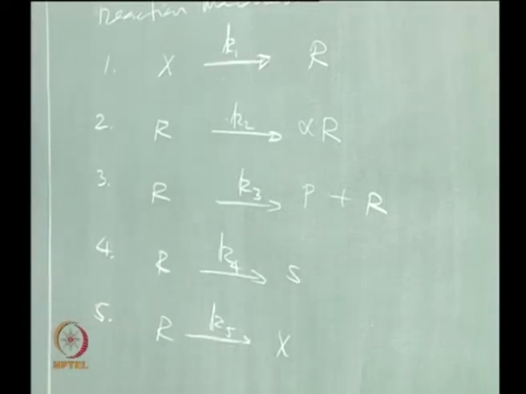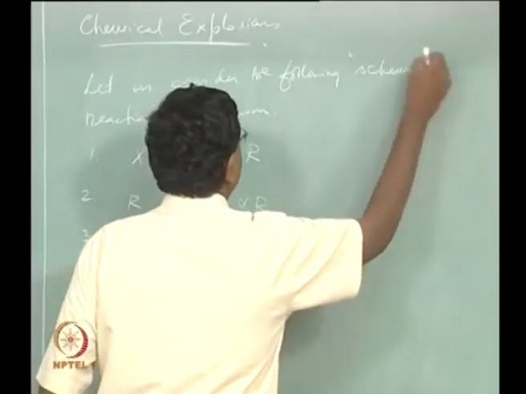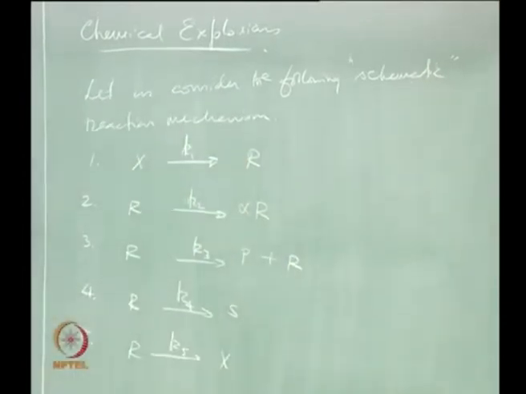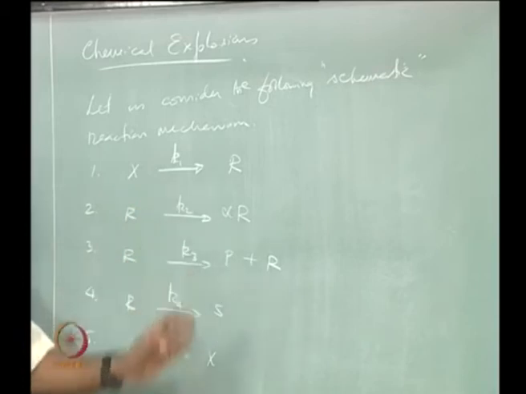Now this is obviously looking a bit strange. If it isn't looking strange, then you must be a genius, right? What we mean by a schematic reaction mechanism here is this reaction scheme is focusing only on the intermediates.